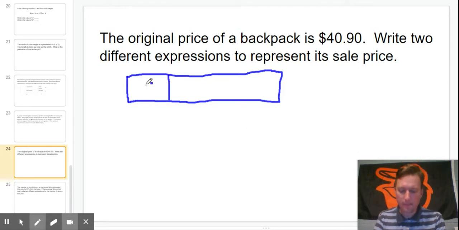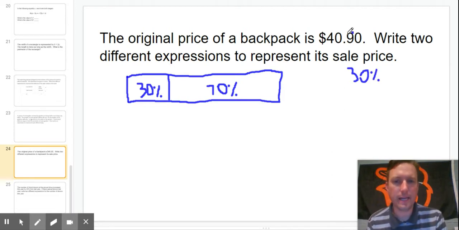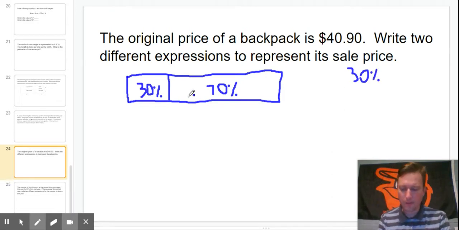And this would be the 30% or the sales price, and this would equal the 70% of what you're actually going to be paying. So it says write two expressions to represent this. If this is 30% off, how would you represent this sales price of $40.90? Well, if I look at this, I can break it up.